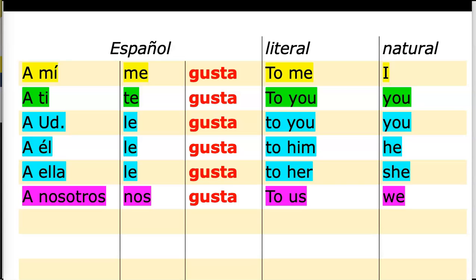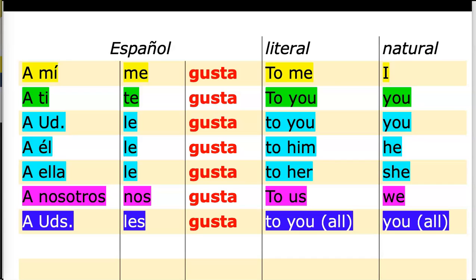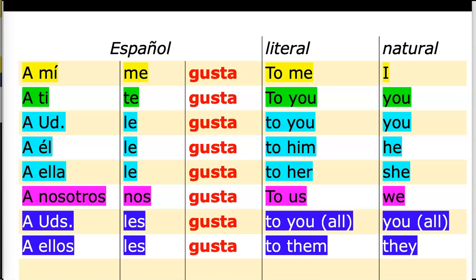A nosotros nos gusta, to us is pleasing or we like. A ustedes les gusta, to you all, you plural, is pleasing, or more naturally, you all like. A ellos les gusta, to them is pleasing, or they like.